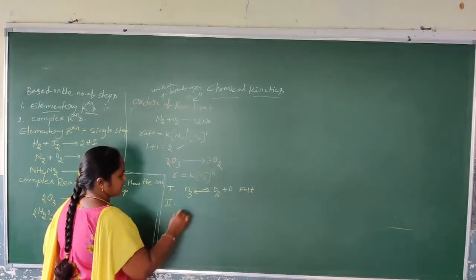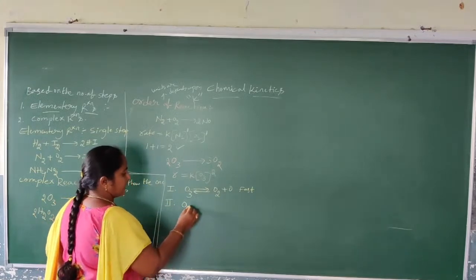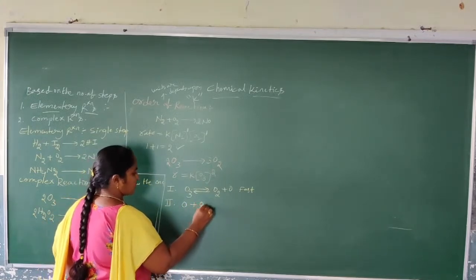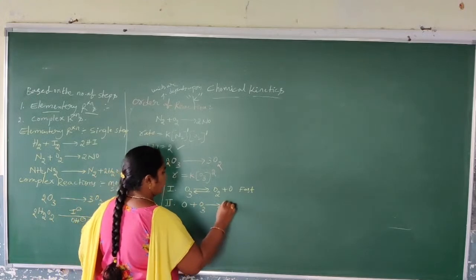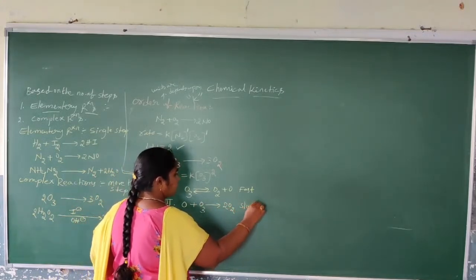In the second step, single oxygen is called nascent oxygen. Nascent oxygen reacts with ozone to give an oxygen molecule. It is the slow step.